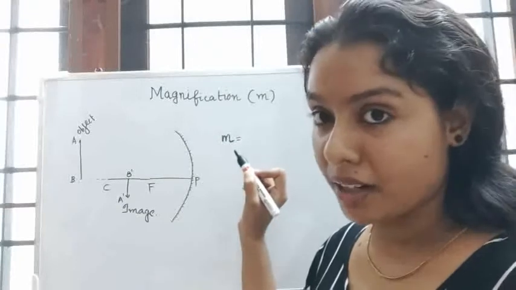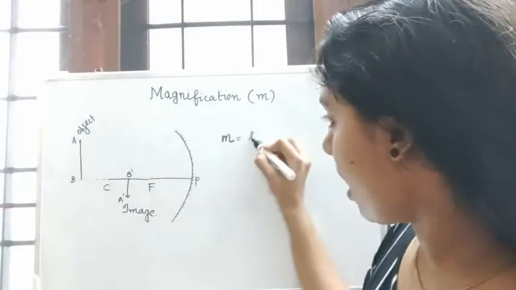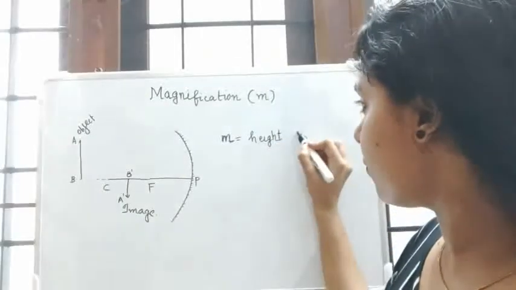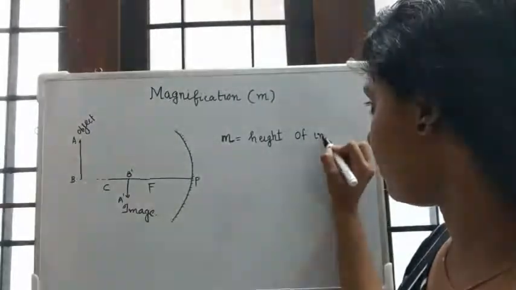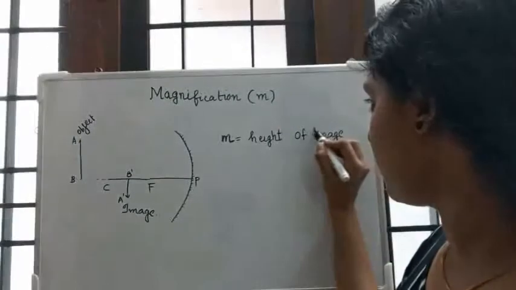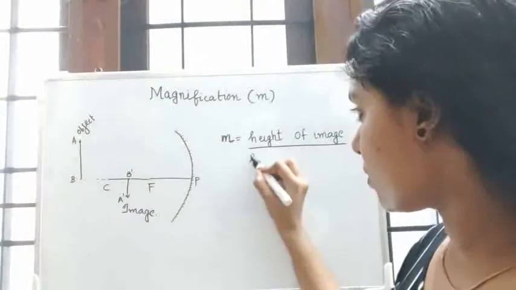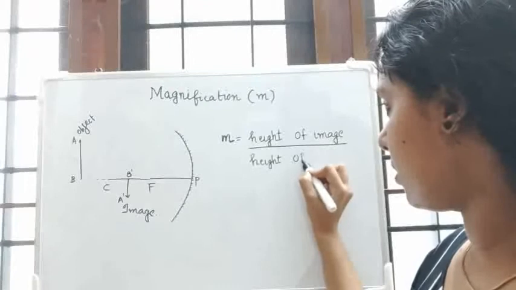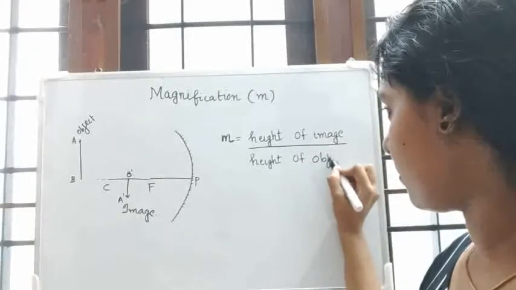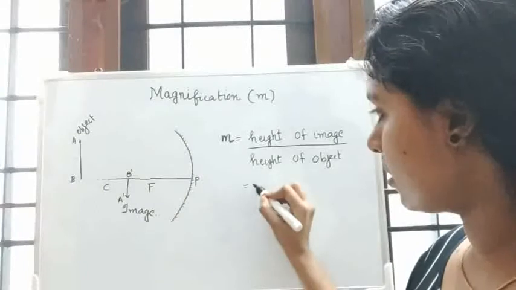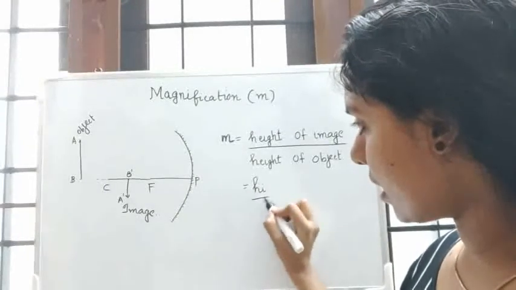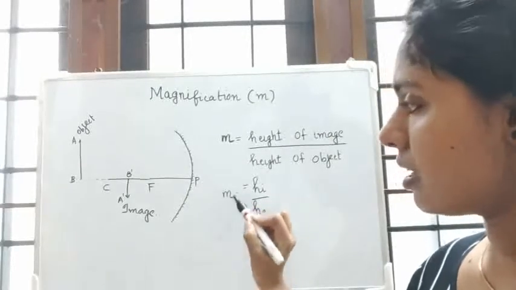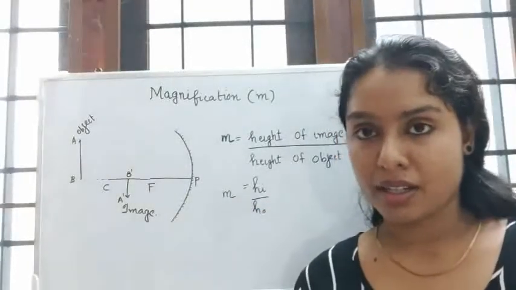M denotes magnification, and it is given by height of image by height of object, h i by h o. Height of image by height of object is the equation for magnification.